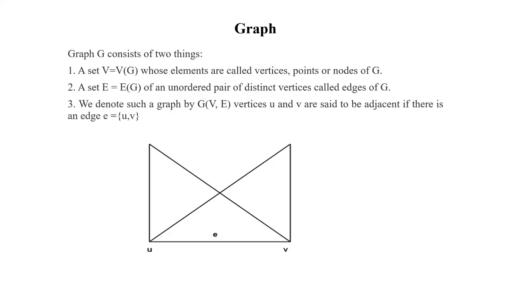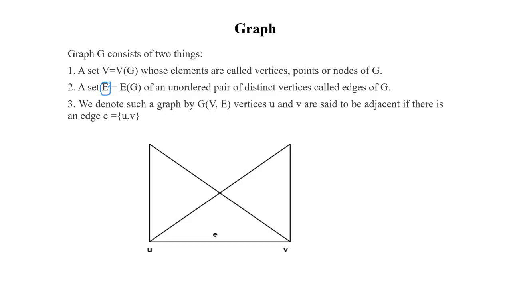Generally, a vertex is denoted by V and the set of edges by E. So set V is equal to V of G, whose elements are called the vertices, points or nodes.